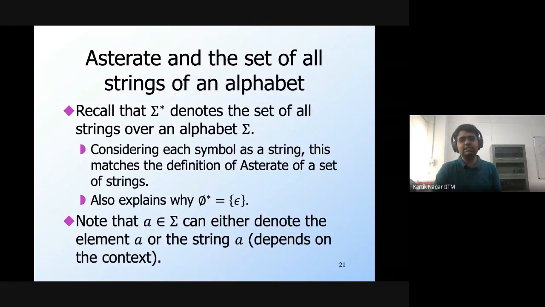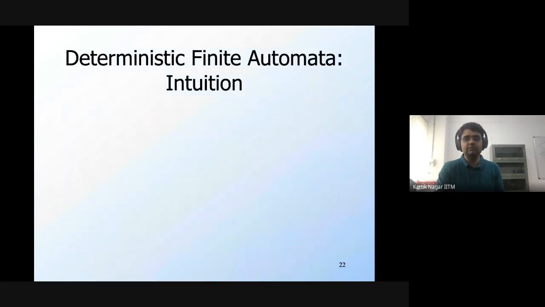So we've got the section on strings and string operations. Now we can move to the concept of deterministic finite automaton. This is the first class of machines that we're going to see in this course. This is also the simplest class of machines. Remember that we defined a machine to be an abstraction of an actual real world computing system.